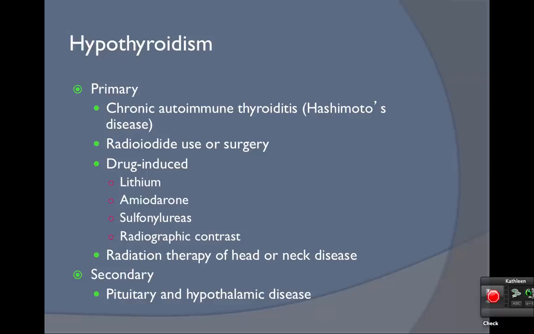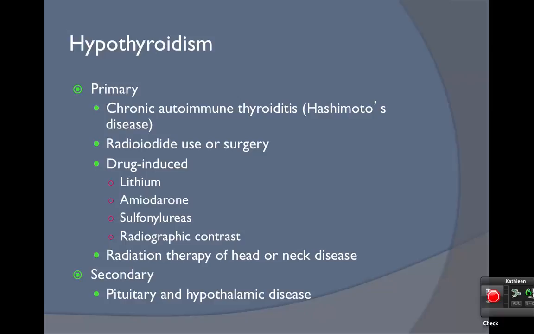It can be drug-induced by lithium, amiodarone, sulfonylureas, and radiographic contrast dye. Patients with radiation therapy of head or neck disease are at risk for hypothyroidism. And secondary causes are pituitary and hypothalamic disease.